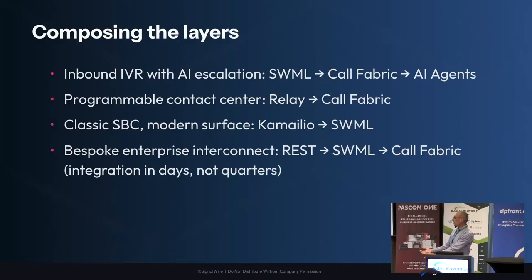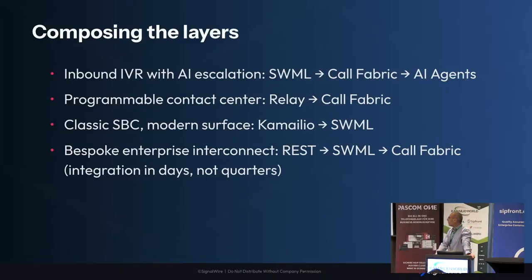If you already have a SIP platform, which probably most of you do, you can just connect it to SignalWire. You can send the calls in, addressed to specific SIP URIs that are associated to a SWML script. So you will have your programmable logic executed on the fly when you connect.